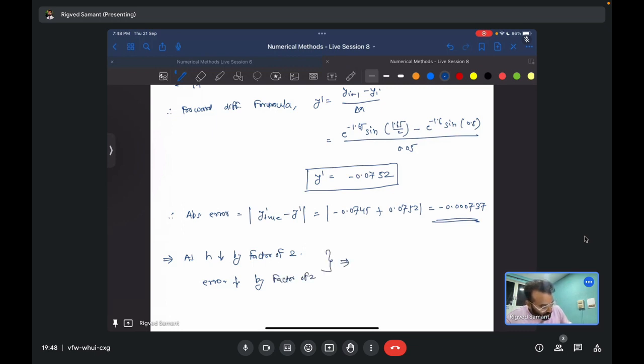This implies first order accuracy of the forward difference formula, O(h). Okay, any doubts? Any doubts up till now?